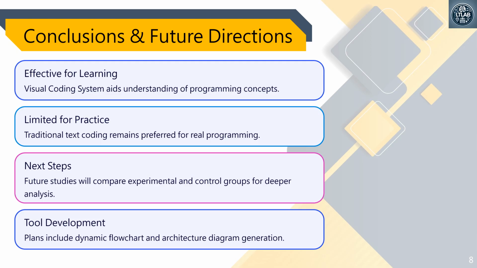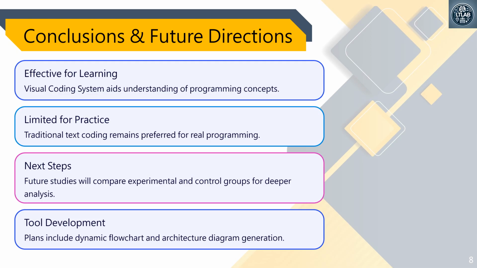So for future work, we plan to run controlled A/B experiments comparing visual versus traditional learning on assessment outcomes. The second is to add features like auto-generated memory diagrams or flowchart builders.